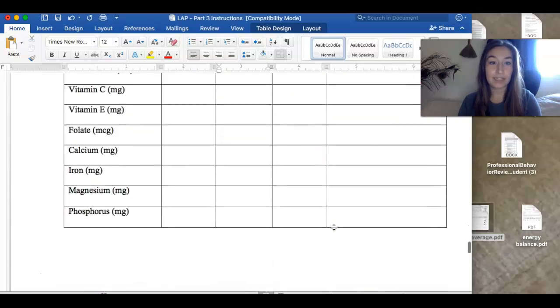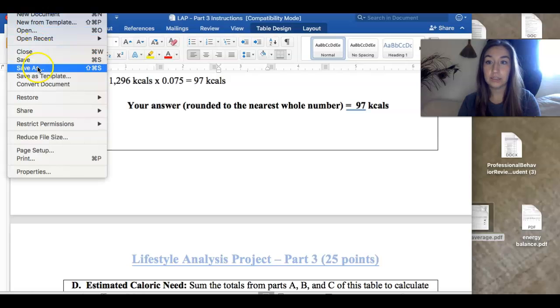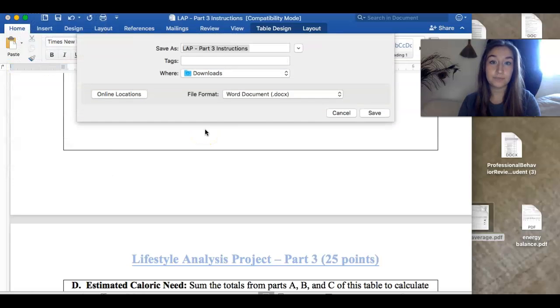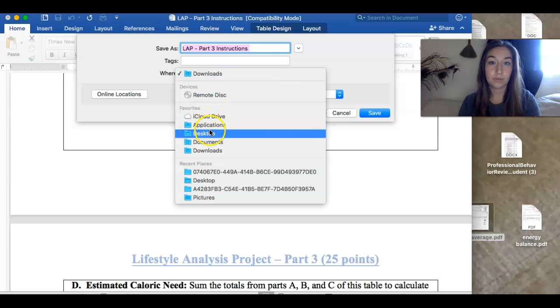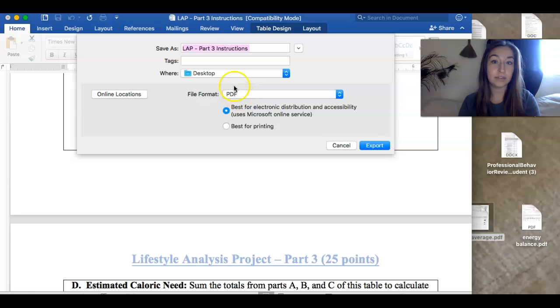So yeah, that is part 3. You are just going to save as a PDF right here, and I'm going to put LAP part 3 underscore my last name.